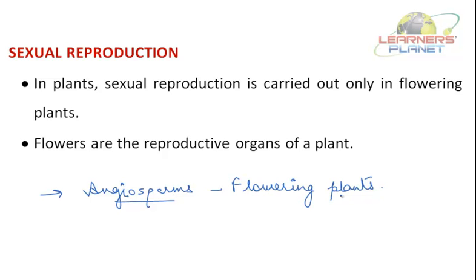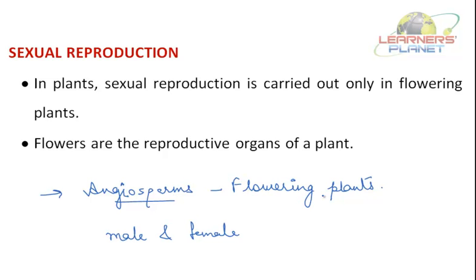This means that two sexes, male and female, are involved in reproduction in flowering plants. Like human beings, plants also have male and female sex organs, though they are different in form from human beings. But the sex organs or reproductive organs of a plant are in its flower.